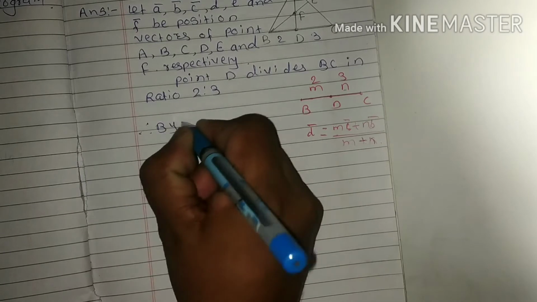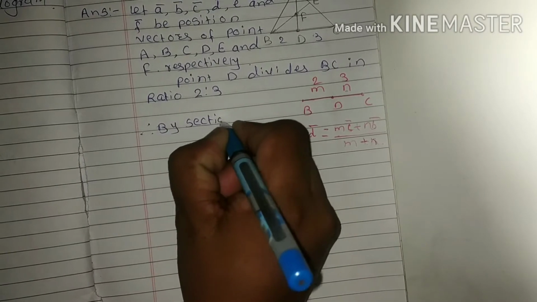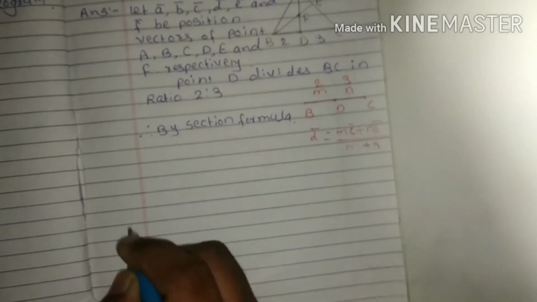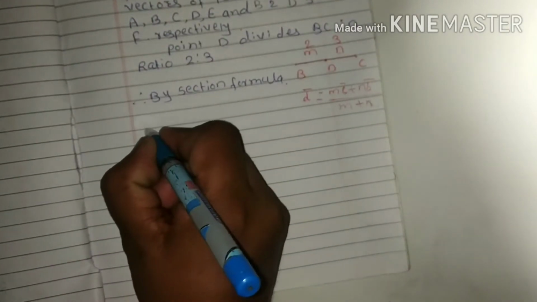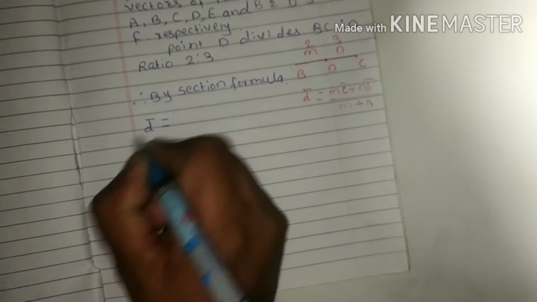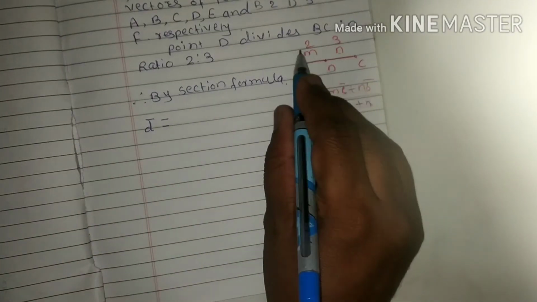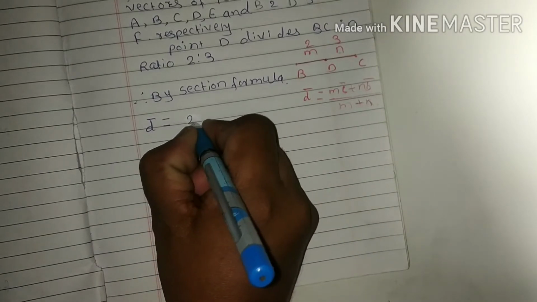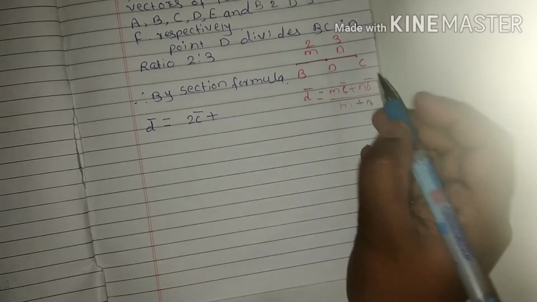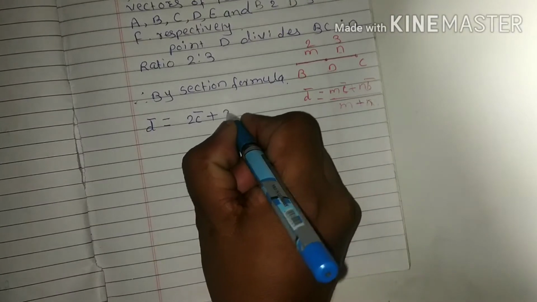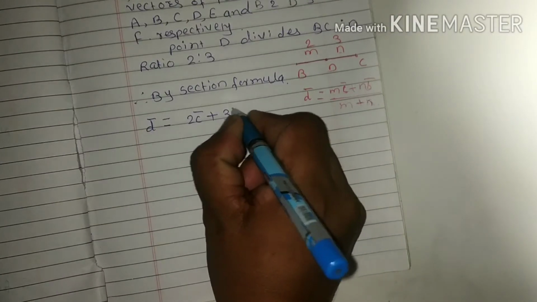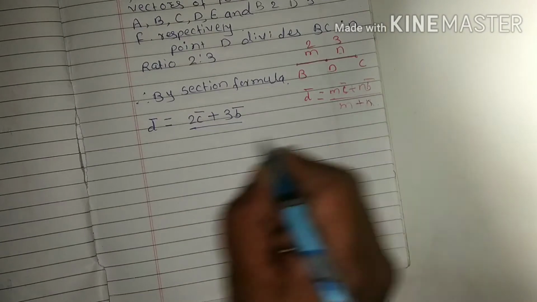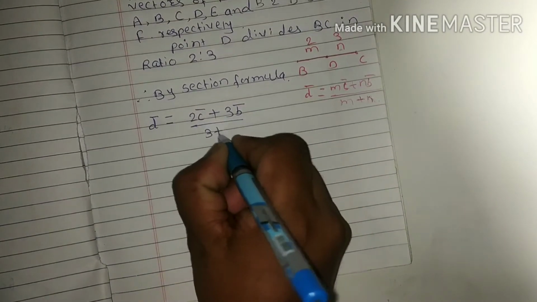Therefore, by the section formula, we write d bar is equal to 2 into c bar, the value of m is 2 here, plus the value of n is 3, 3 into b bar, divided by m plus n, that is 3 plus 2.